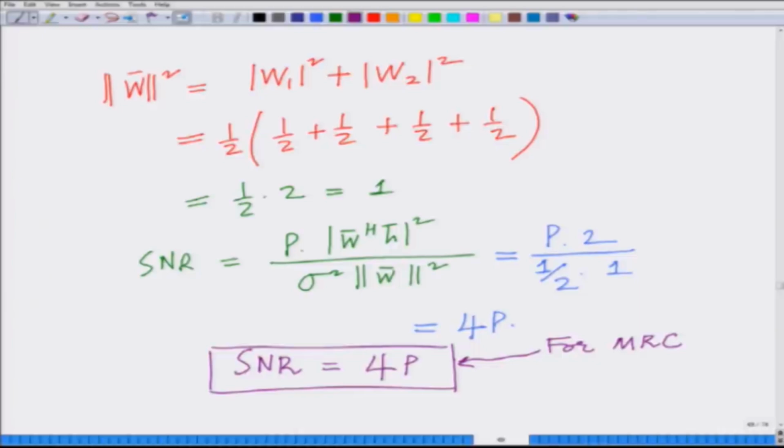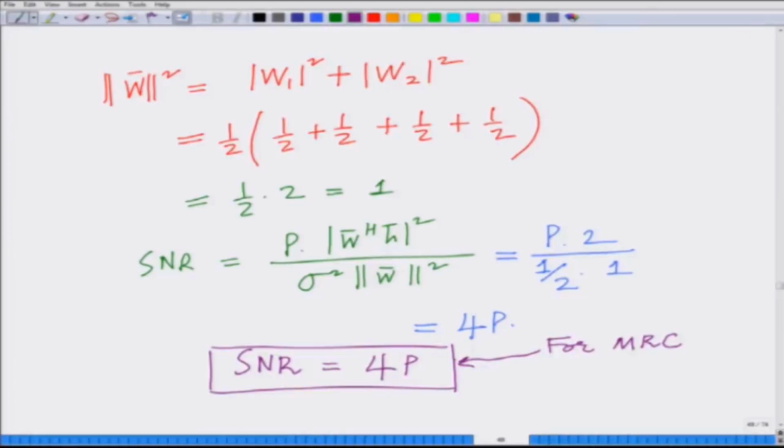So what we have done is we have looked at a simple example, considered the channel coefficients H1 and H2, and derived the SNR of this system with maximal ratio combining, and we have demonstrated that it is equal to 4 times p. And now, what we want to do is a small point, we want to extend this to L antennas.